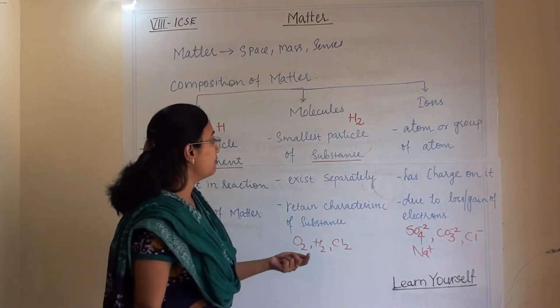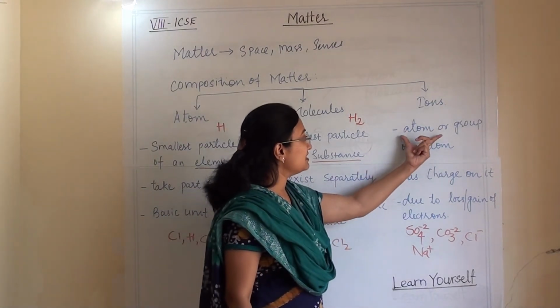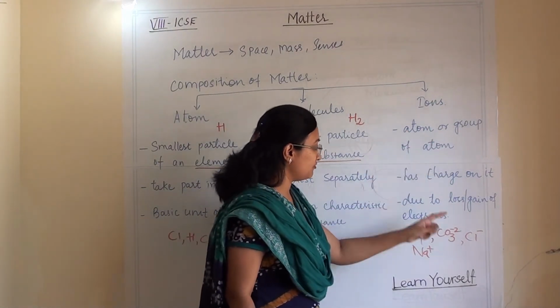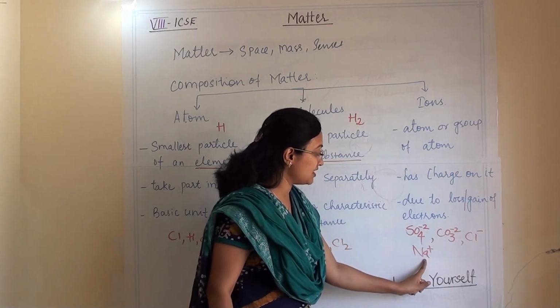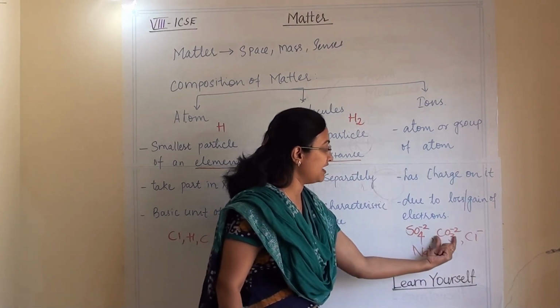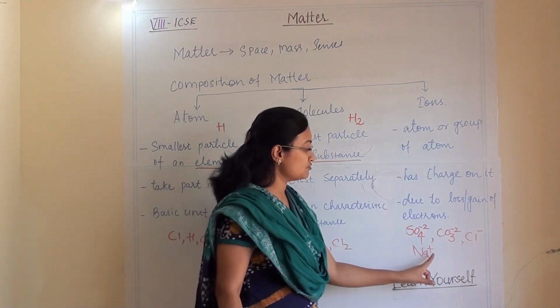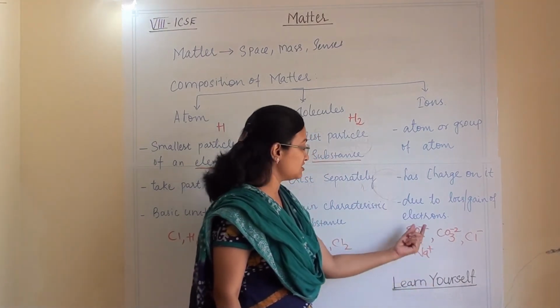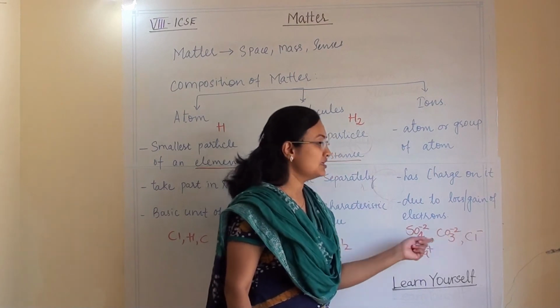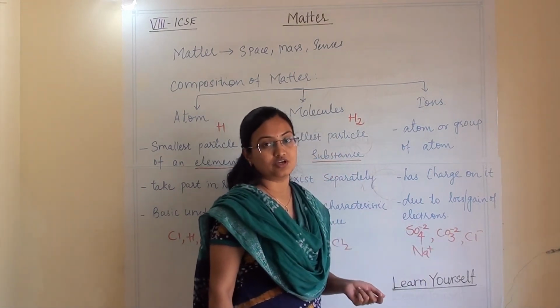Ions are an atom or group of atoms. They have a charge on them. Loss of electrons gives a positive charge. Gain of electrons gives a negative charge.